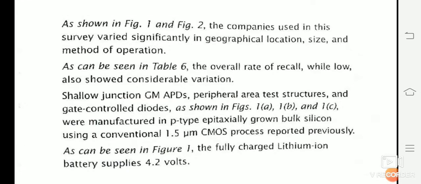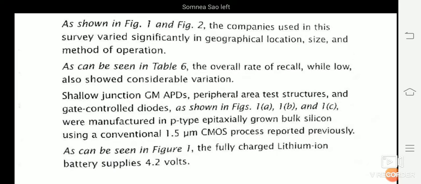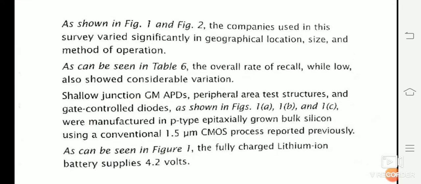Yeah. Figure him in figure one and figure two. Mm-hmm. Very, very. Yeah. Variation.